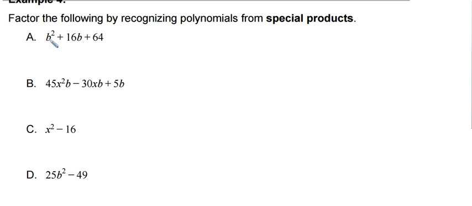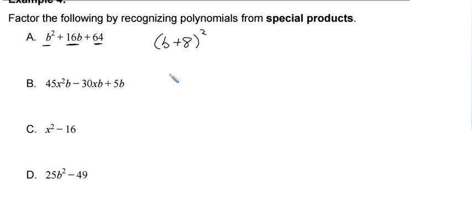So the first one, I recognize that this right here is b squared, and I recognize this is 8 squared. So I ask myself, if this was b plus 8 to the second power, if I multiply these together and double it, is this the middle term?